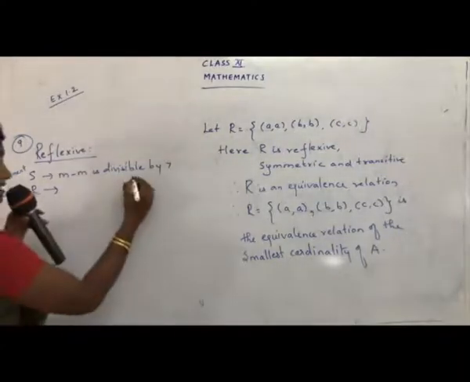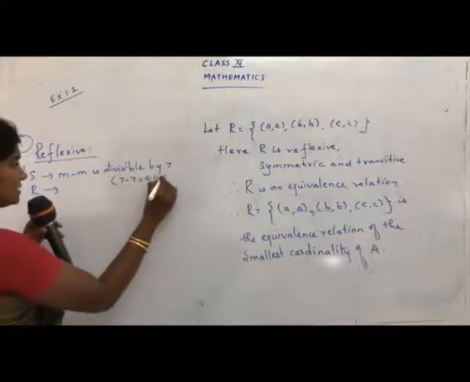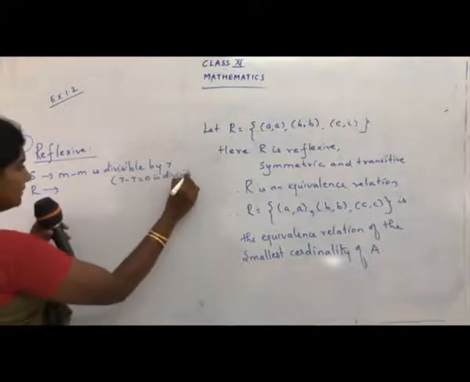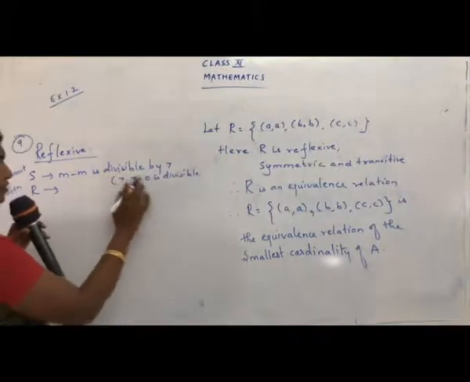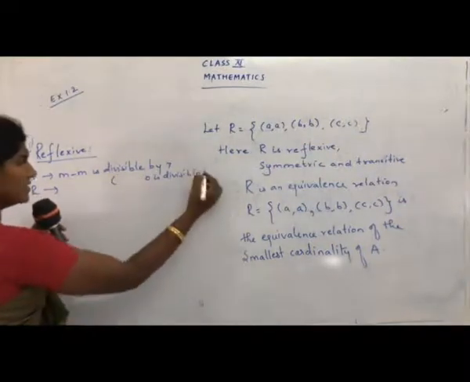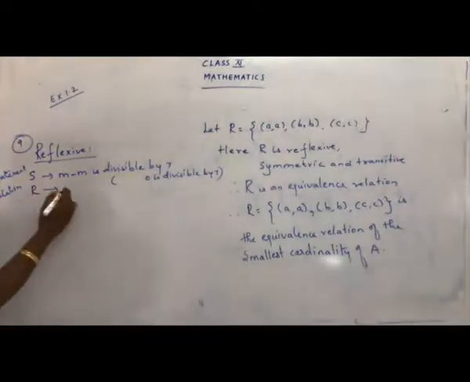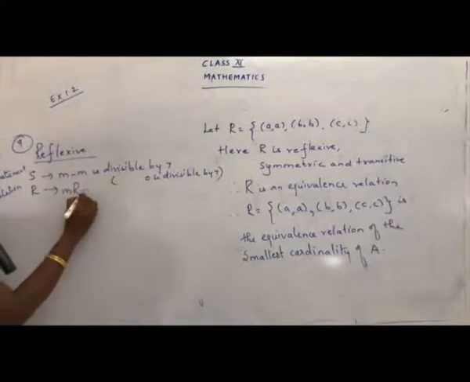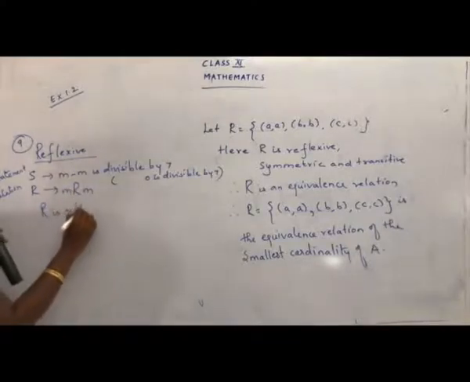So 7 minus 7 is 0, and 0 is divisible by 7. Or m minus m, you are going to get the same answer as 0. So 0 is divisible by 7. So now what can you write? Yes, what will be the relation? M is related to m. Therefore, R is reflexive. Completed the first part.